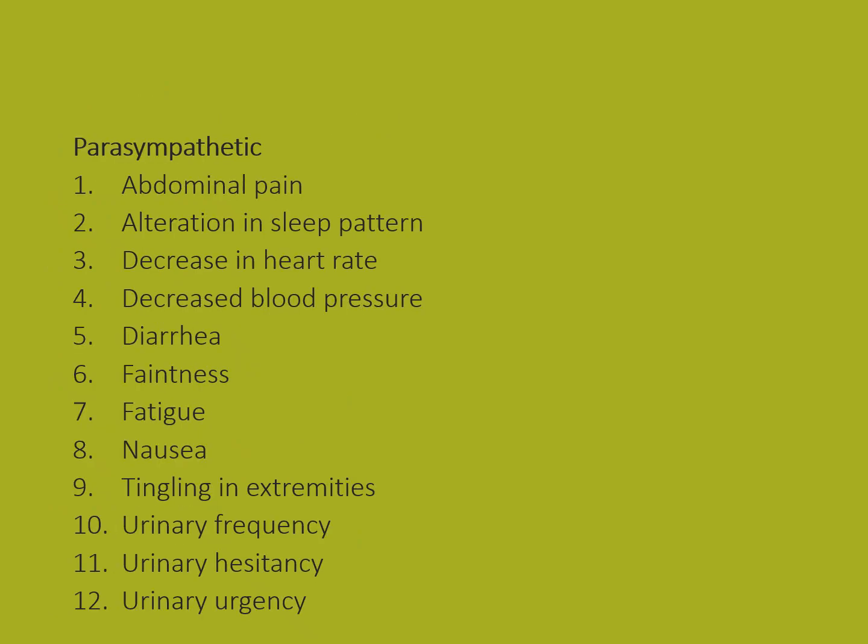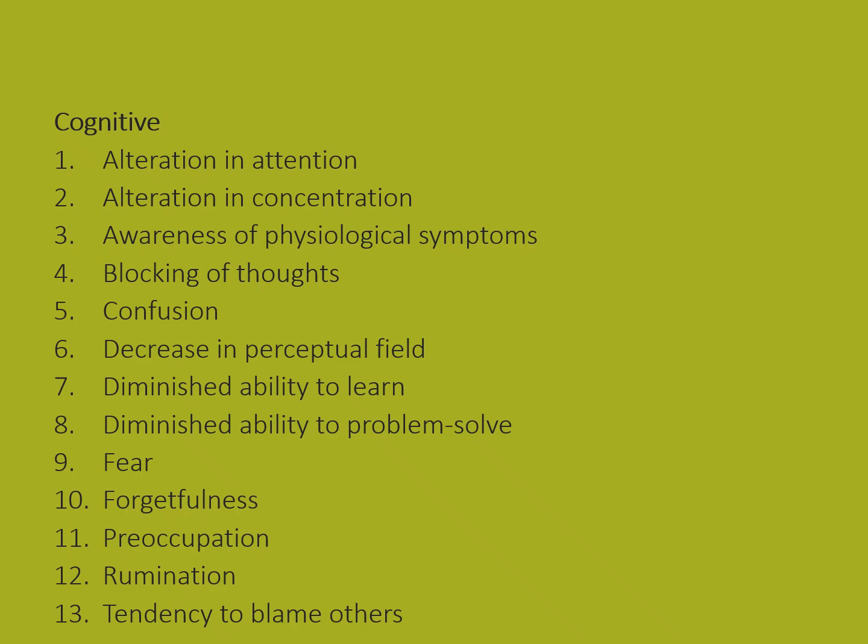With the parasympathetic characteristics, you can see that the person complains of abdominal pain, there is disturbed sleep pattern, decreased heart rate, decreased blood pressure, diarrhea, etc. Under the cognitive characteristics, there is alteration in attention and alteration in concentration, etc. So the individual will exhibit a whole lot of these characteristics to enable you to identify that, okay, this individual is actually anxious at a particular point in time, for you to come up with your diagnosis, which is the problematic aspect, which is anxiety.